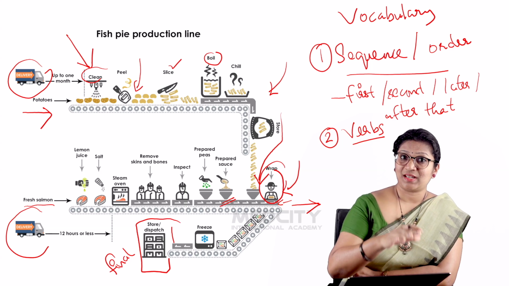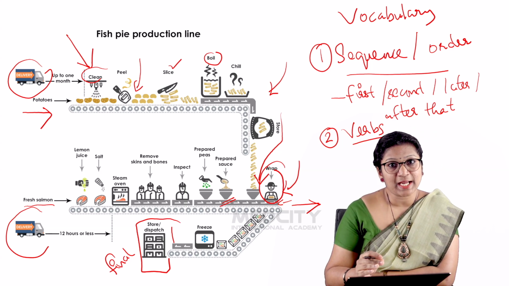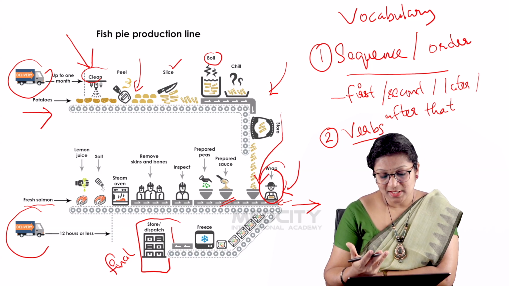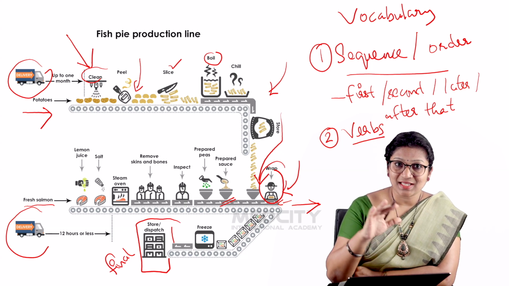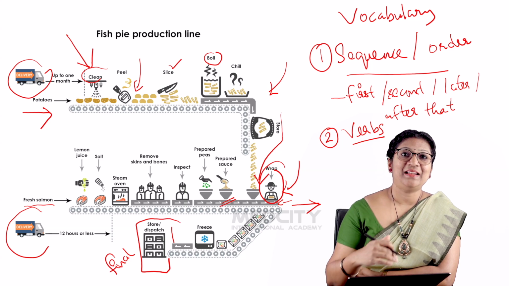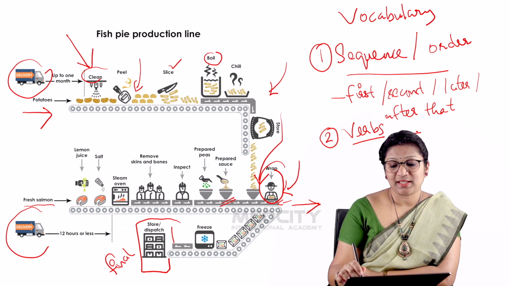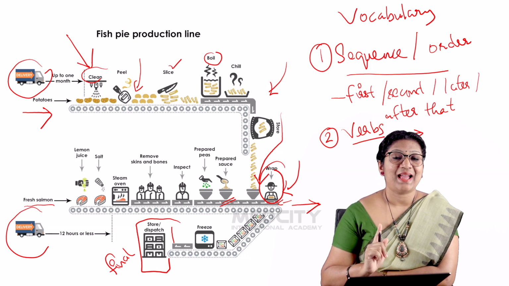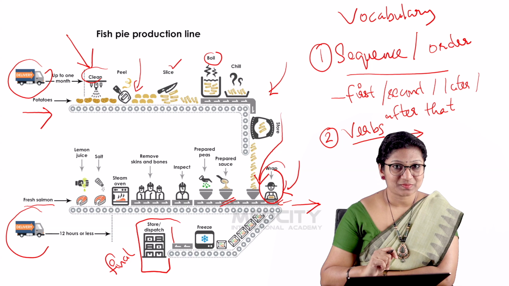So we have words given in this particular diagram, but some diagrams may not have words written around it, which means we look at the image, understand what's happening, and then we have to insert the action words. So under vocabulary, focus on the sequence markers and the right verbs.